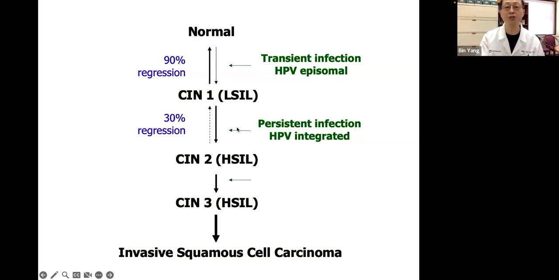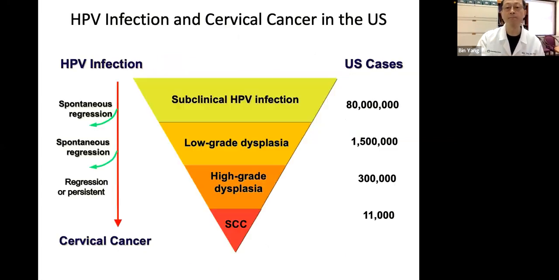Even CIN2 in younger women, their immunity is high, about one-third can regress back to normal. So this is a bird's-eye view of the situation.